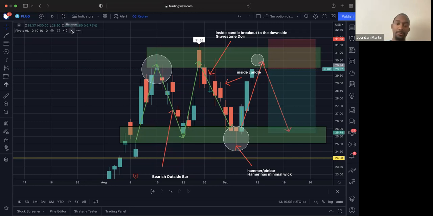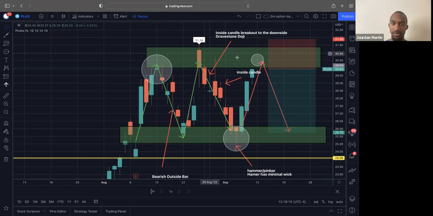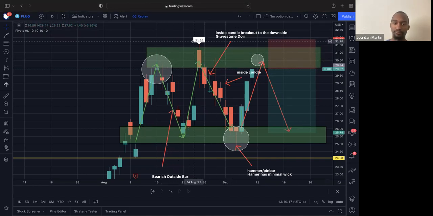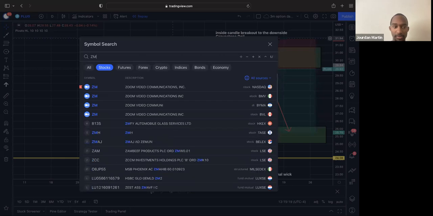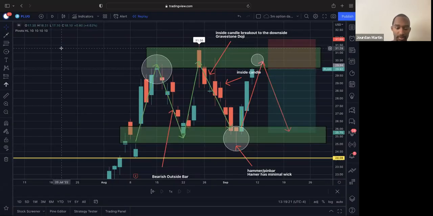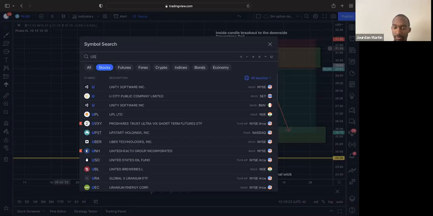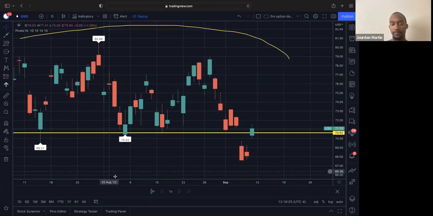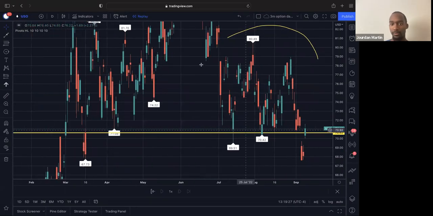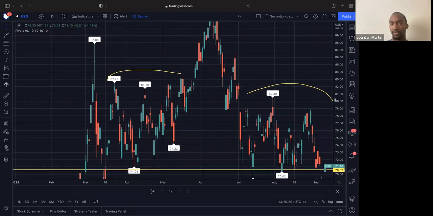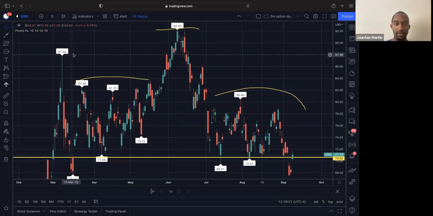All right. So yeah, James, just because that's so close, I wouldn't look at that as being a head and shoulders. Something like this. Let's look at USO. USO, you can see a little more clearly, right? So you see this shoulder, this head, this shoulder, right?